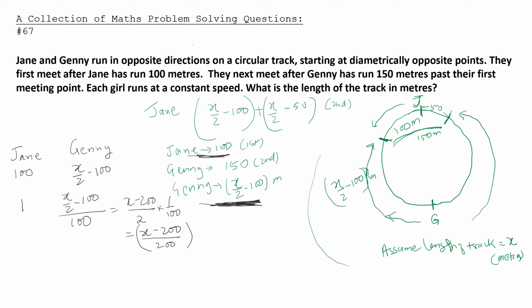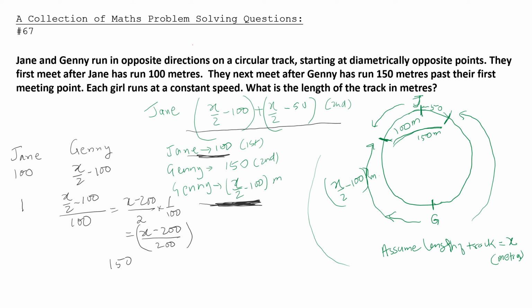The next instance, when these two girls meet up, Jenny has run 150 meters, so it would be 150 under Jenny, and Jane will have run this much.